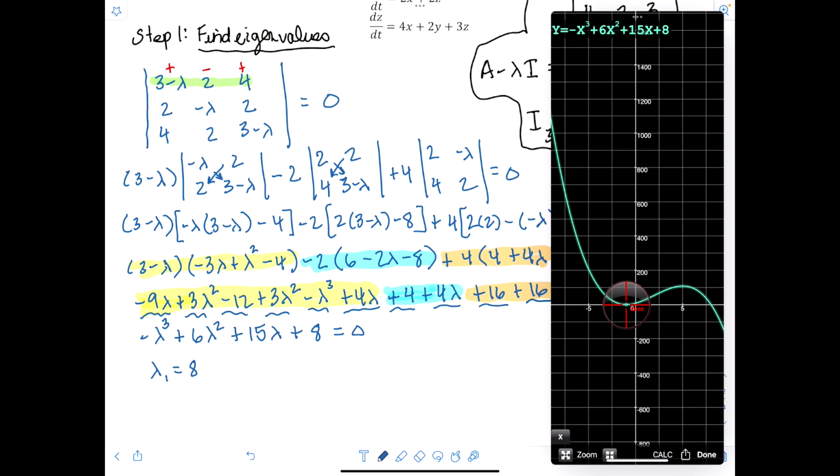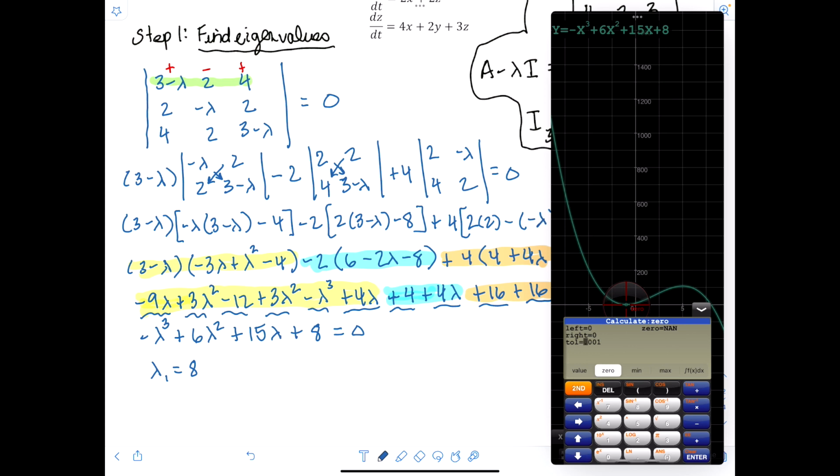Okay. That's another way we can do it. We can look at what the 0 is right there. And we're right on the 0. Go to calculate. And value x is -1, y is 0. Perfect. So this one for lambda 2, it's -1, and it's got a multiplicity of 2.